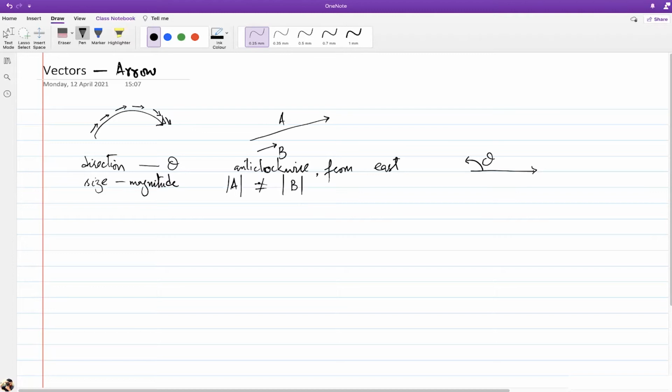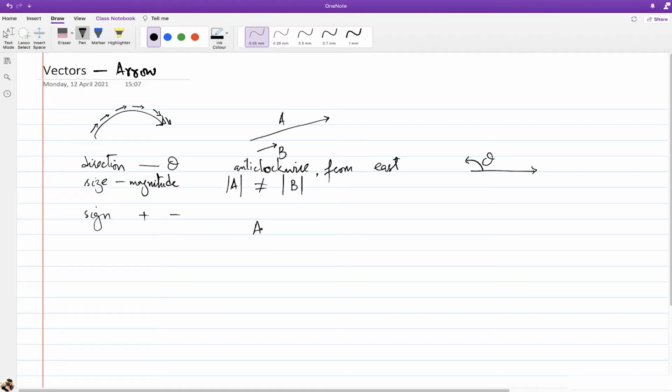Now any vector, you can easily show it to be in one direction or in the opposite direction. So for that what we do is we use the signs. The sign tells us which side it's going to. So there is a positive sign and there is a negative sign. That just shows that they're opposing each other.